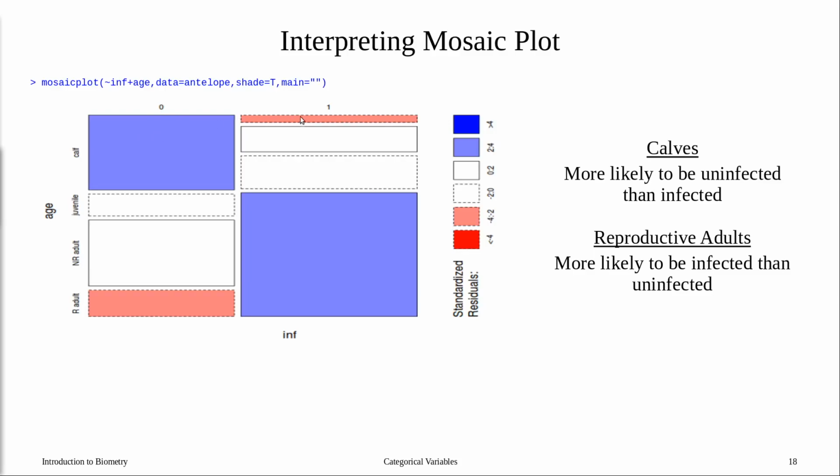We saw many fewer infected calves than what we expected, and many more infected adults, reproductive adults, than what we expect. So when you're a reproductive adult, you're more likely to be infected. When you're a calf, you're more likely to be uninfected. And that would basically be our interpretation and our write-up.